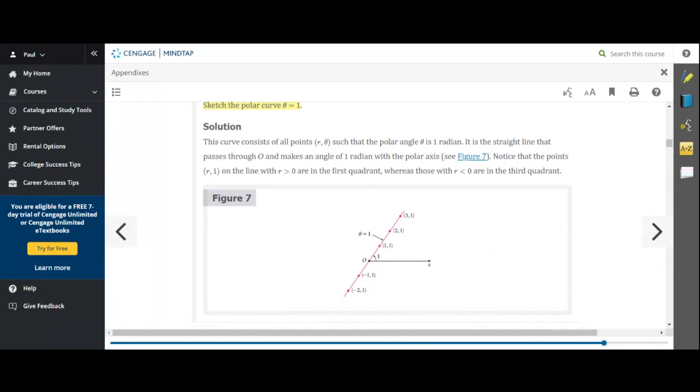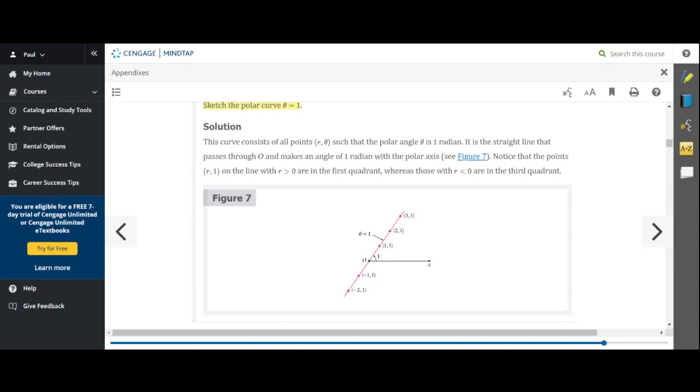If theta were equal to pi over 2, your angle would fall right on that vertical y-axis. Well, pi over 2 is greater than 1: if pi is 3.14, then 3.14 divided by 2 is 1.57. So theta equals 1 is definitely in the first quadrant. They've plotted 5 points here, each whose angle theta is 1, but the radius varies: 1, 2, 3, -1, -2. If you were to plot all possible points where theta equals 1, you would trace out a line.